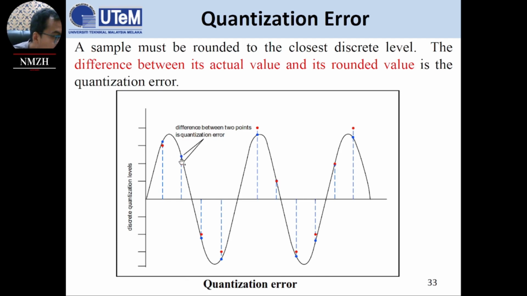For this other level, the blue, instead of going up, will go down because it is nearer. So blue, red, blue, red. Here also, the blue is here and the nearest level to this blue is upper. Okay. So the quantization value means the difference between red and blue for each of the taken samples. So that would be quantization error.